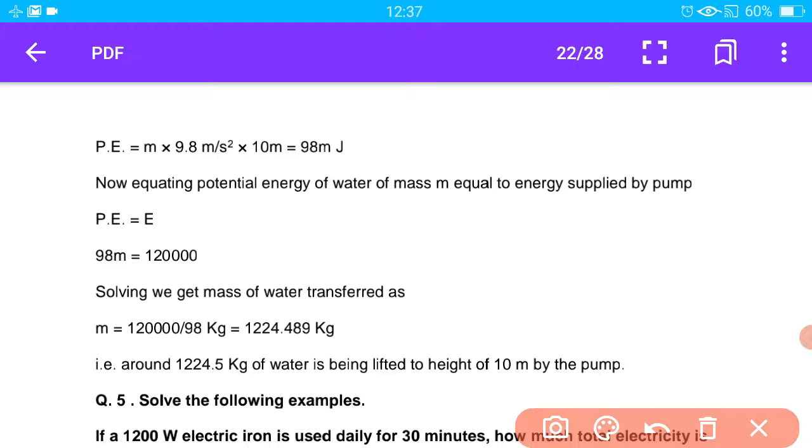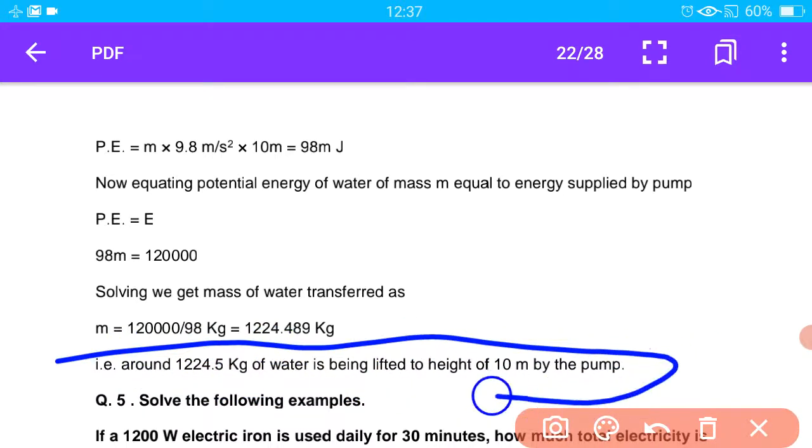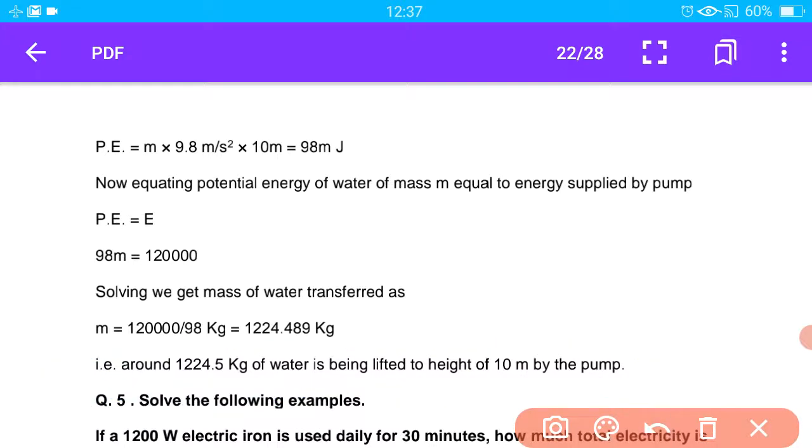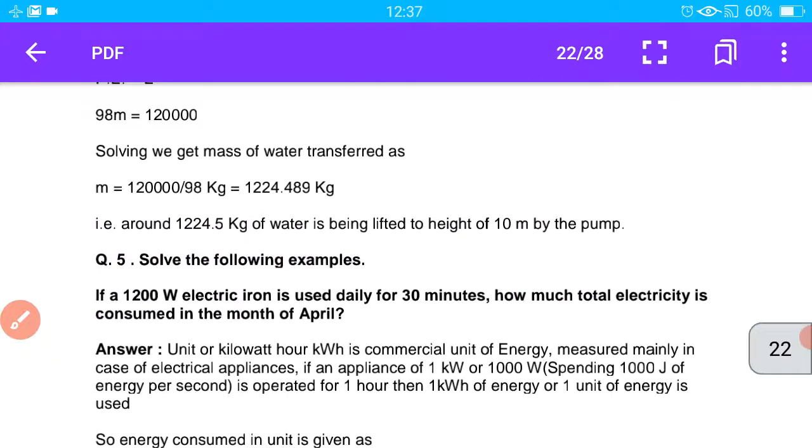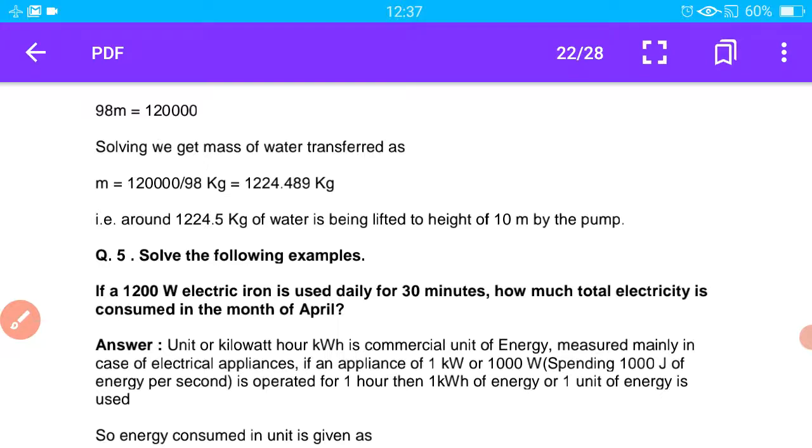Final answer is around that. Okay, write it down in your notebook.